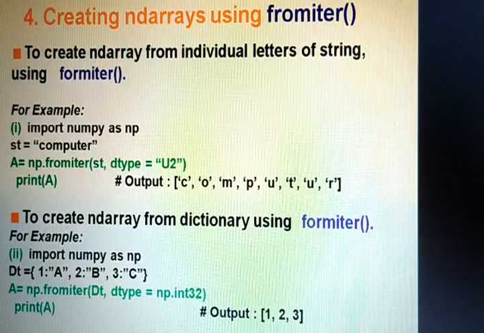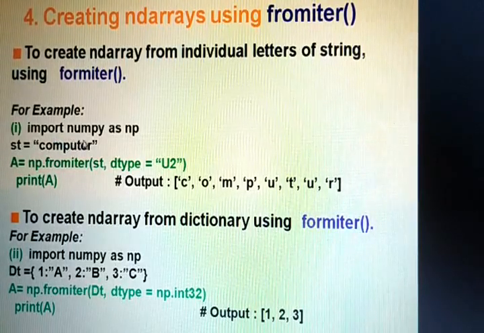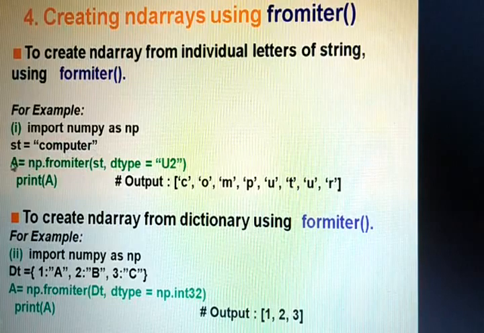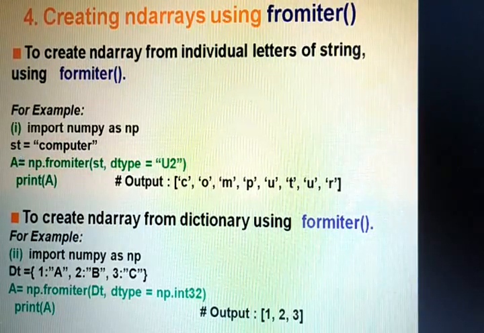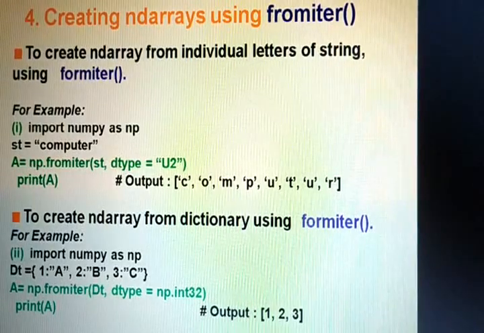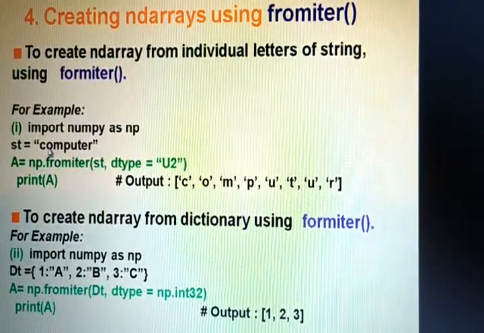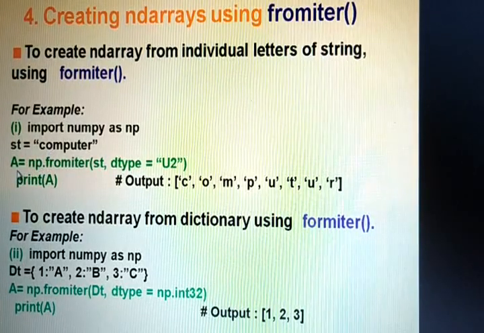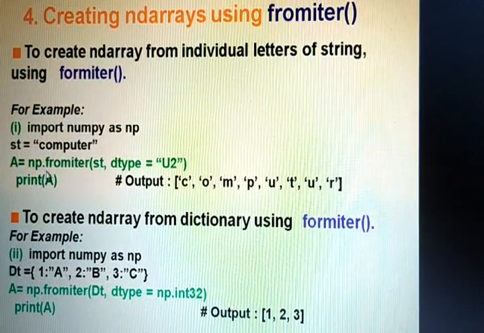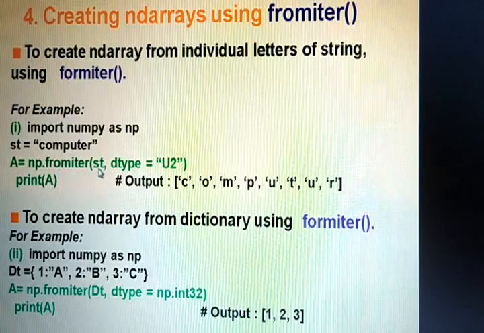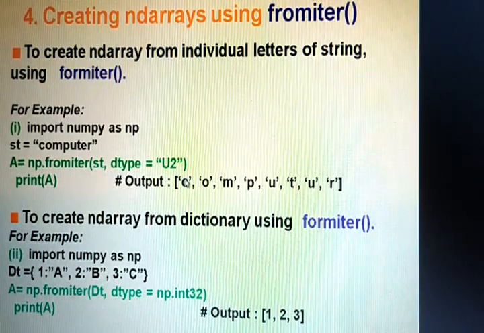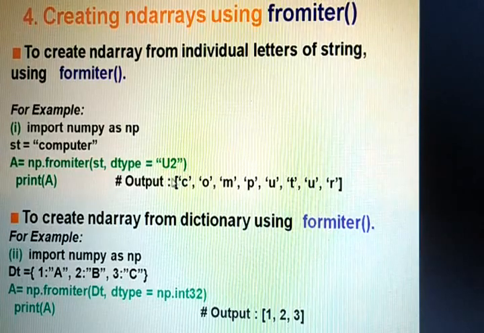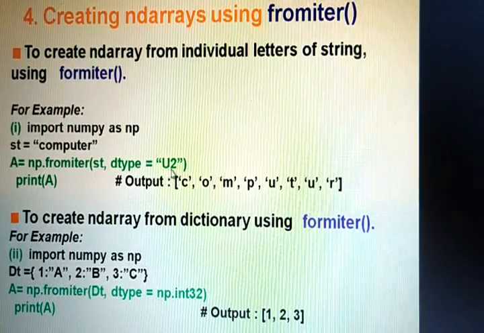Here we first import numpy as np, and st is the string variable and the value computer is assigned to st. Now the next statement, a equals np.fromiter, where st is the string name and dtype equals U2. This data type U2 means Unicode, and 2 is the length of the character.